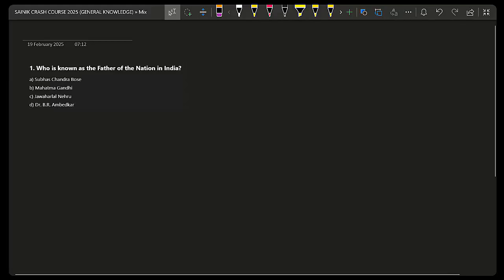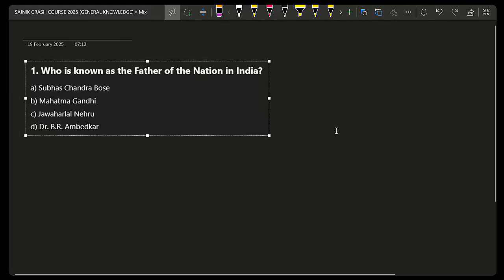Poll started. Option A, Subhash Chandra Bose. Option B, Mahatma Gandhi. Option C, Jawaharlal Nehru. Option D, Dr. B.R. Ambedkar.